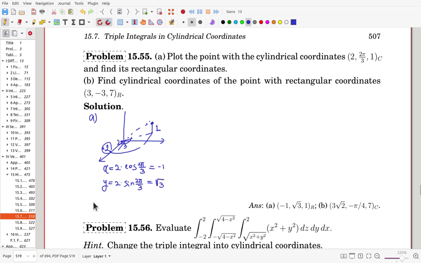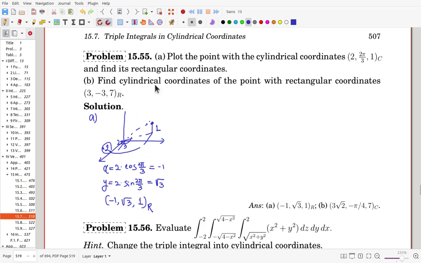And z remains the same, so the point is (-1, square root of 3, 1). That gives the rectangular coordinates.